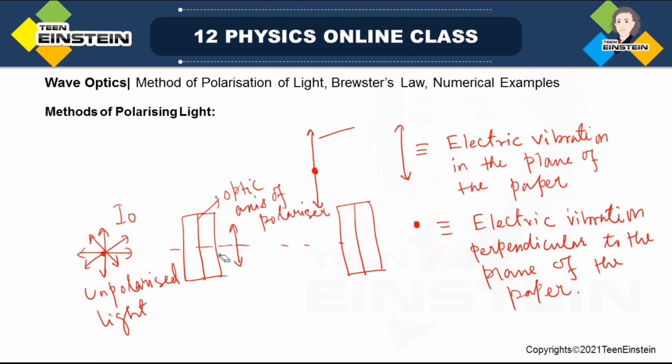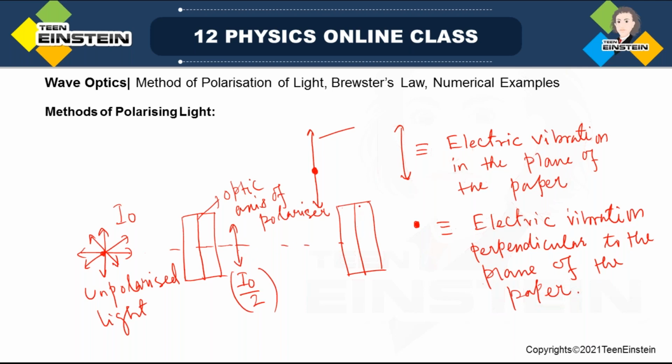When it passes through the polarizer, one set of vibrations will be absorbed and another set will pass through. So the intensity will naturally be I0 by 2, half the intensity of the unpolarized light. This is called plane polarized light, since the vibration is confined in a plane.